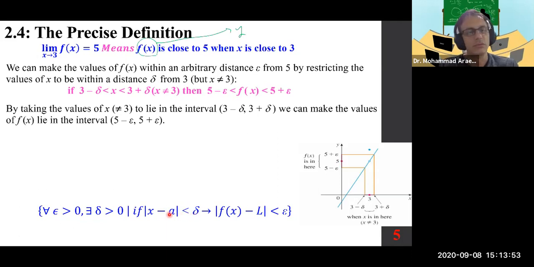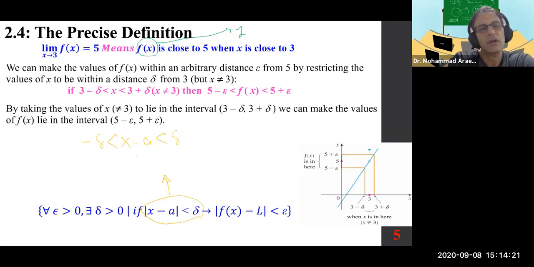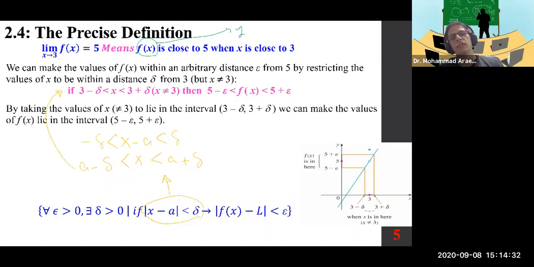So let me actually show that, and then I erase that. Let's use this one. So if you're looking at this one, what does it mean? I hope everybody remembers absolute value. It means x minus a is sandwiched between minus and plus delta. Now move the a, so negative a becomes positive a, so a minus delta and a plus delta, and that's what we have here for the shape at the bottom right.